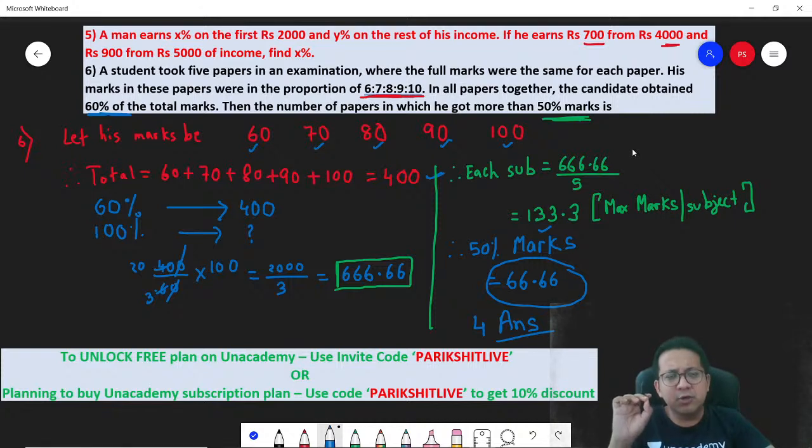See, the NMAT, you've got to be very careful. You've got to get the first few questions correct. As I said, it is a computer adaptive paper. If you get the first question correct, the second question will be a bit more difficult. If you get the first question wrong, the second question will be a bit easier. If you get difficult questions, the weightage that you will get during the normalization process will be higher.